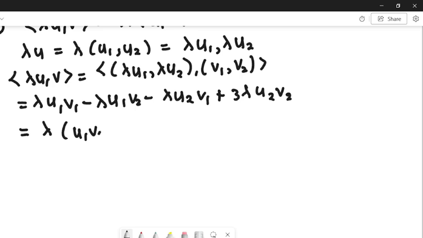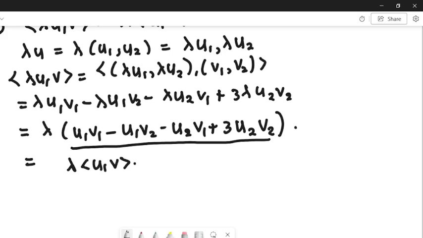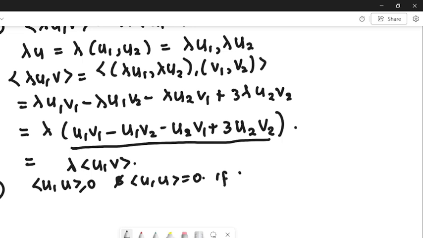We have u1 v1 minus u1 v2 minus u2 v1 plus 3 u2 v2. From our definition, we are getting lambda times <u, v>. So our axiom 3 is satisfied. And now on to our last axiom. Our last axiom states that <u, u> is greater than 0 and will only be 0 if the components are 0.